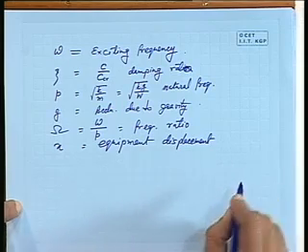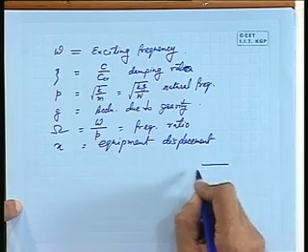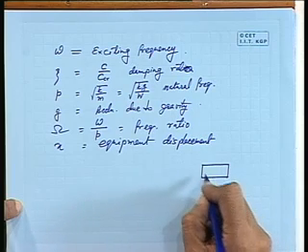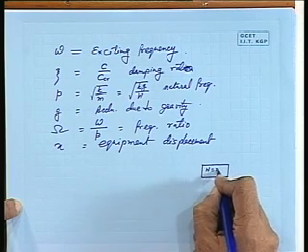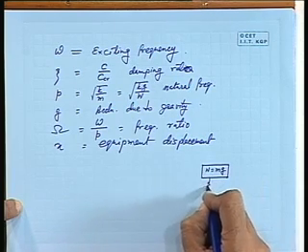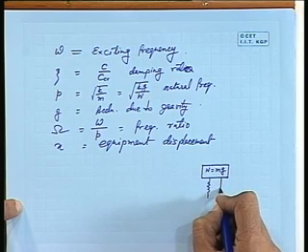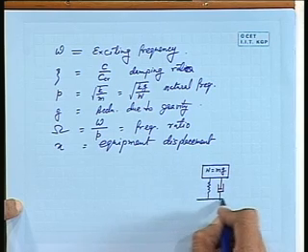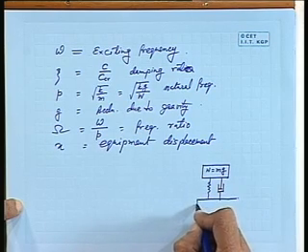Now, in such a case, we try to model the equipment with a single degree of freedom system, mounted on a spring and dashpot. And this is the base we consider.